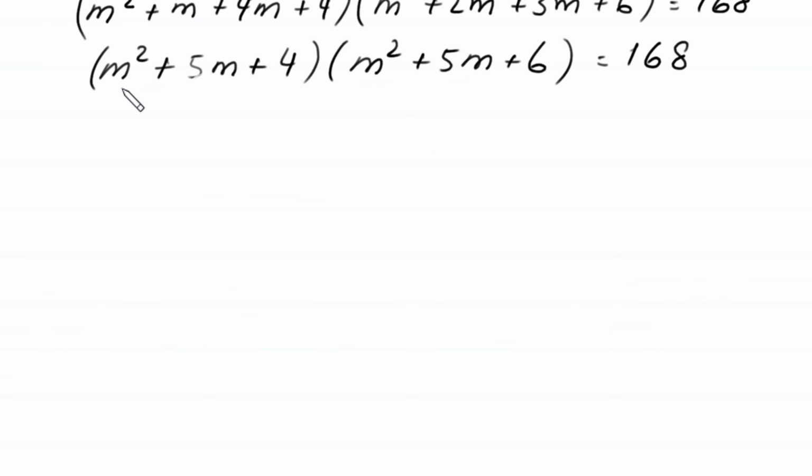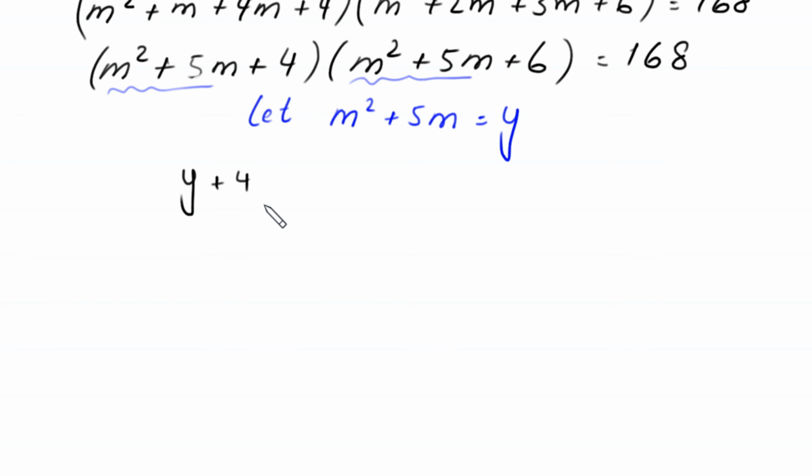Now we suppose that this m squared plus 5m, m squared plus 5m is equal to y. Let m squared plus 5 times m is equal to y. So this equation will become y plus 4 times y plus 6 is equal to 168.